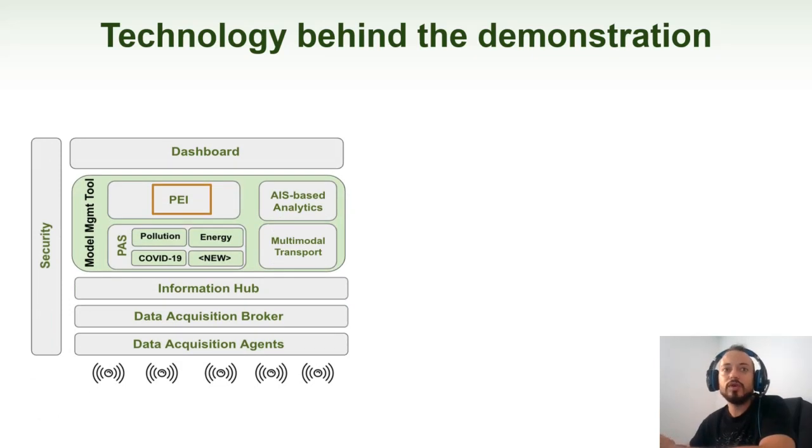First, we are clearly relying on an IoT architecture that was developed under the aforementioned project. It is composed of several modules, which are classical IoT components such as data acquisition, the information hub, the central node, and security, but we have also developed specific custom innovations, such as the introduction of a model management tool that enables the execution of the tool that you will be seeing afterwards, called Port Environmental Index, drawing directly from the second side I have just explained.